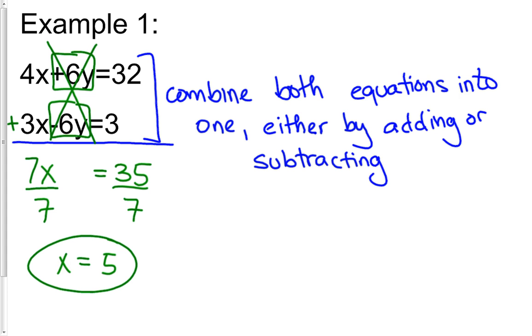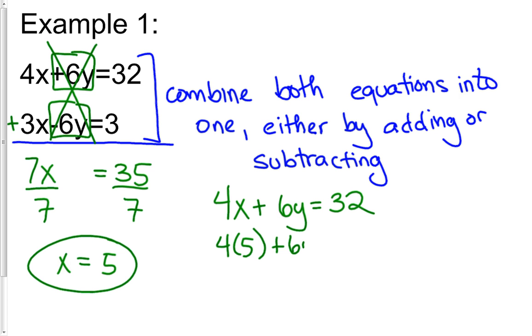Now, just like with substitution, we need to go back and solve for the other variable. So to do that, we're going to take the x value we just found and pick one of the two equations. It doesn't matter which one. I'm going to go ahead and use the first one. So 4x plus 6y equals 32. I'm going to plug 5 in for x, giving me 4 times 5 plus 6y equals 32.